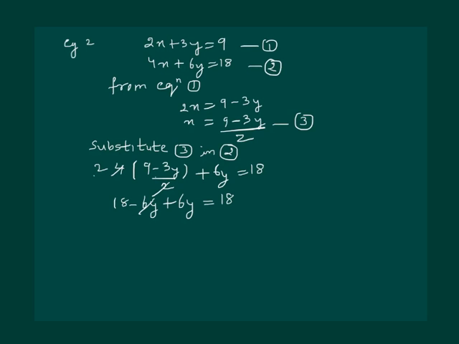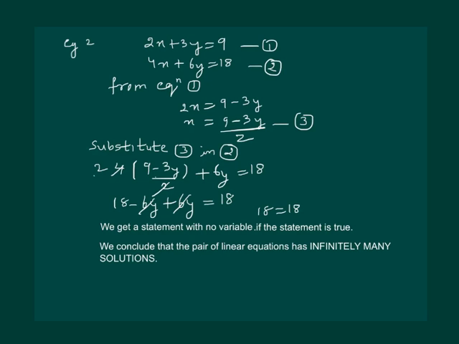We see here that 6y and 6y get cancelled. We have a statement with no variable, but it is true as 18 is equal to 18 is true. So we conclude that the pair of linear equations, that is 1 and 2, has infinitely many solutions.